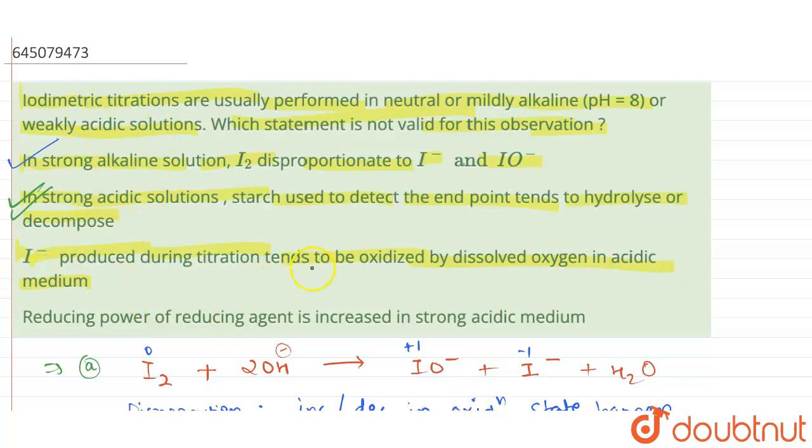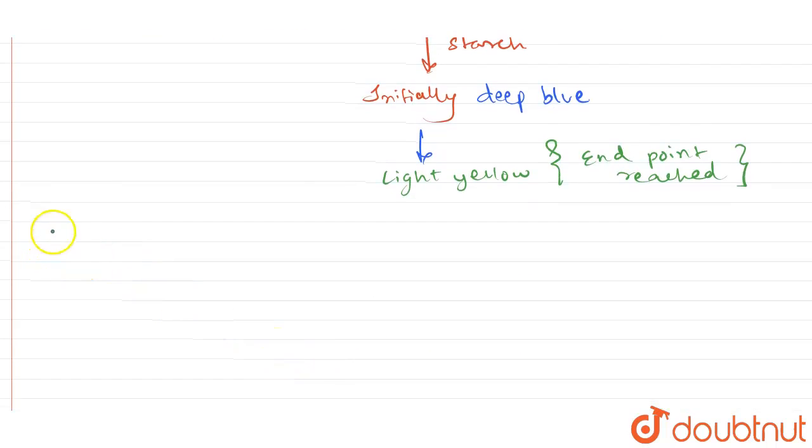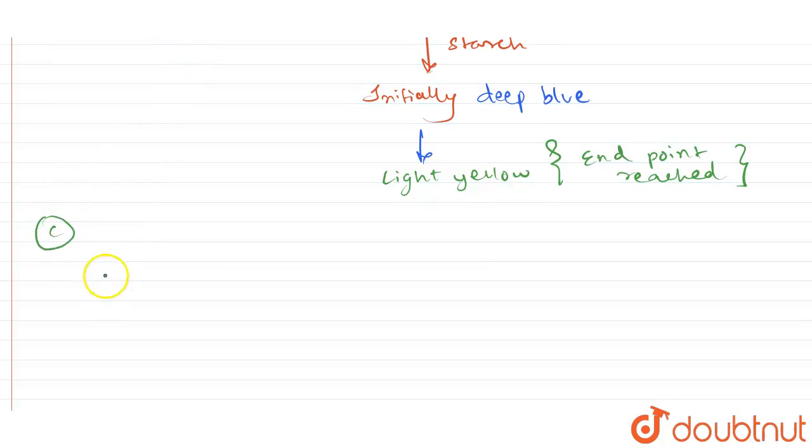I minus is produced during the titration, and it tends to be oxidized by the dissolved oxygen in acidic medium. If you consider the reaction of one of the molecules, like we have H3AsO3, when we react this with iodine in the presence of H2O, we are going to get H3AsO4.